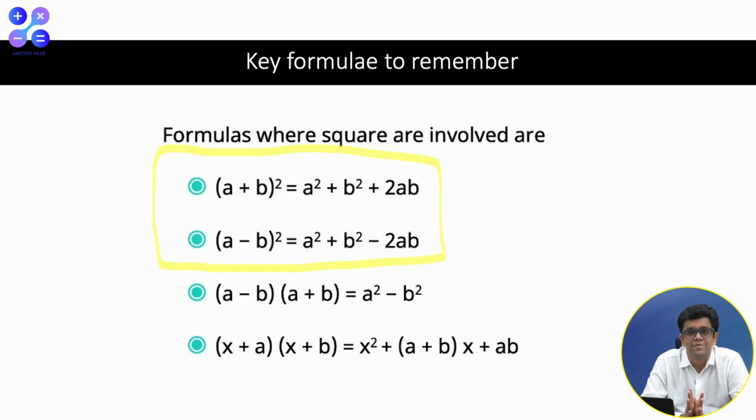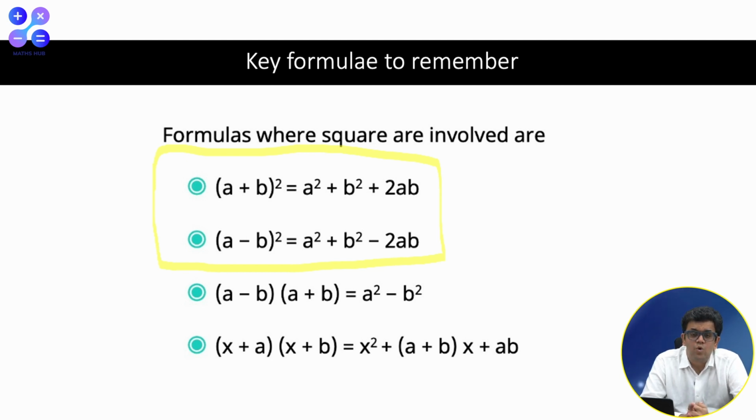A plus b the whole square is equal to a square plus b square plus 2ab is what my favorite calculating formula is for any square. For example, you are calculating 73 square. Then you will calculate it as 70 plus 3 the whole square. Simple enough to calculate, easy enough to understand, and very, very quick mental maths is required for calculating this.